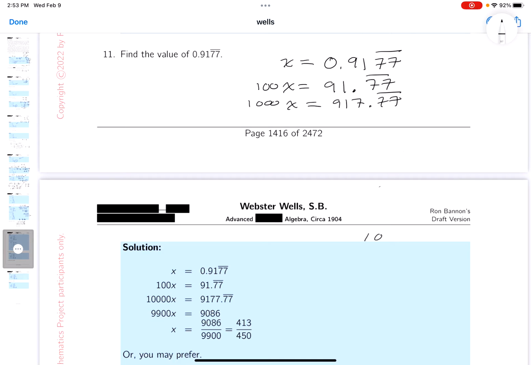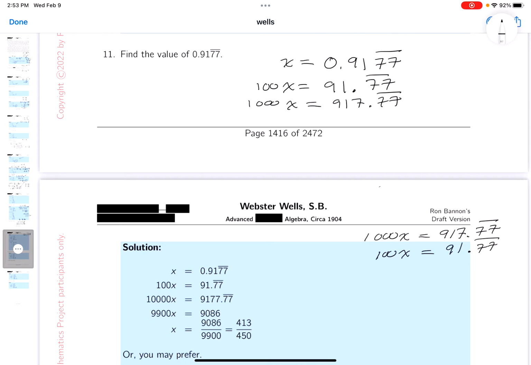So 1,000x equals 917.77 repeating, and 100x equals 91.77, and that repeats itself.